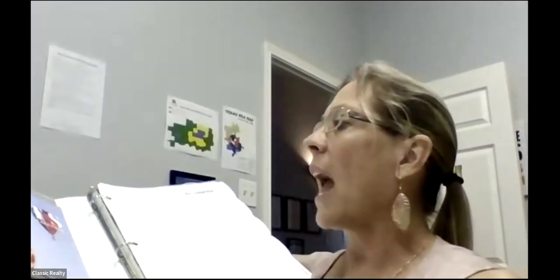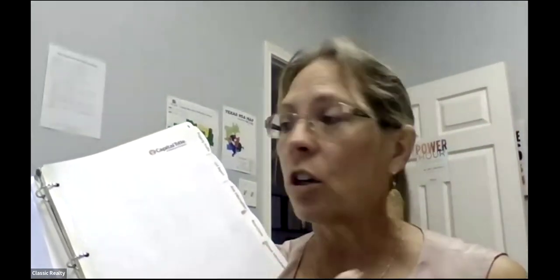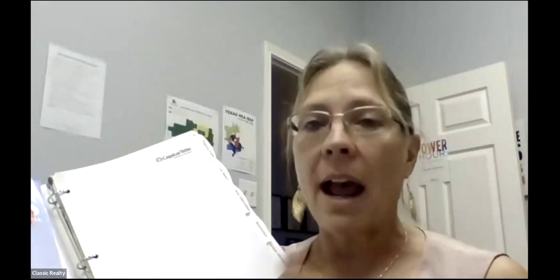When I open this up, I'm going to show you this one. This is typically going to have my IABS as the very first page, okay? I keep my IABS in a plastic sheet. Someone has borrowed my actual open house binder and we cannot find it, so I think I'm going to have to create a new one.